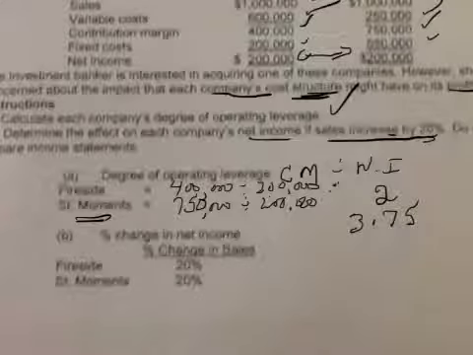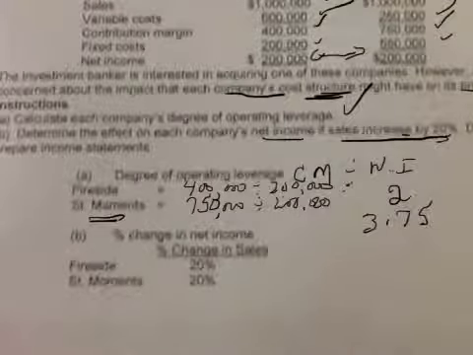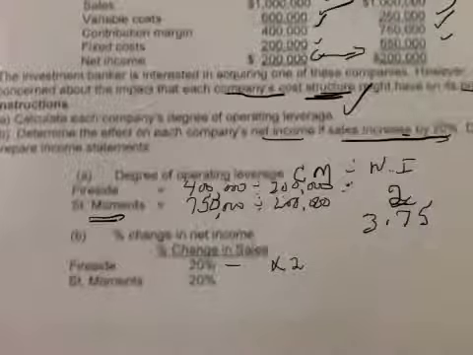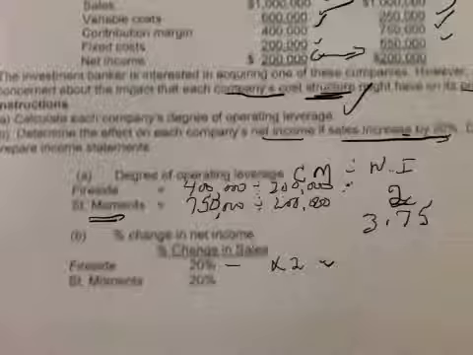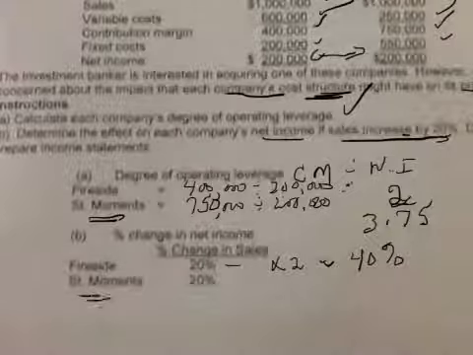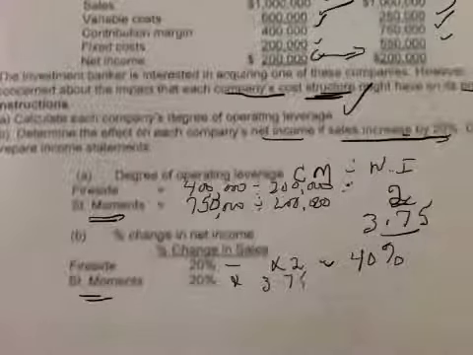Now we want the percentage change in income. Now the percentage change in net income, if Fireside's sales go up 20%, well, it would be 20% times the degree of leverage, which is 2. So their net income will go up 40% if sales go up 20%. For Sterling Moments, it's going to be 20 times 3.75.